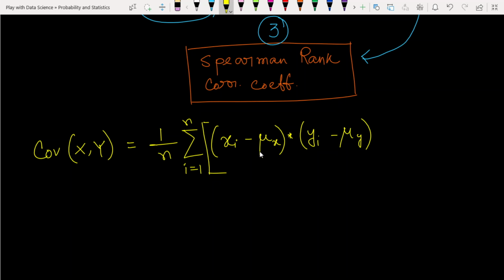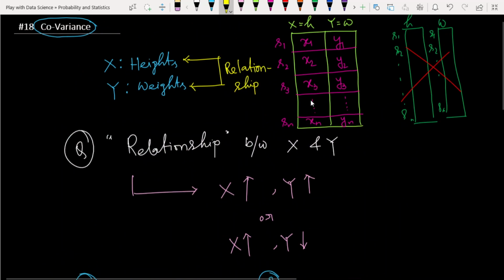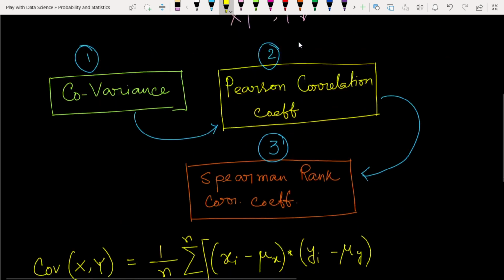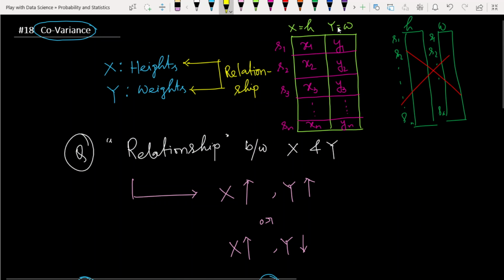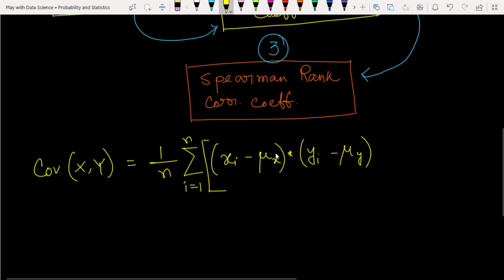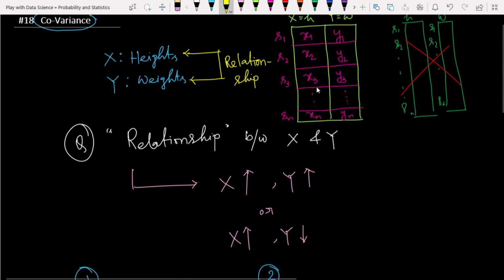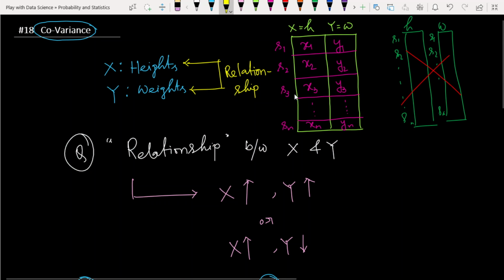This mu x is the mean of the random variable x, and this mu y is the mean of the random variable y, meaning the mean of the observed values.